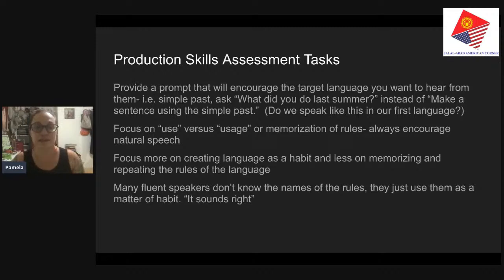This is just the way it is. Well, I need more information than that to be able to be confident in using the language and communicating effectively.